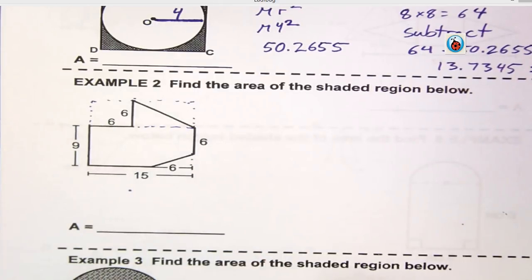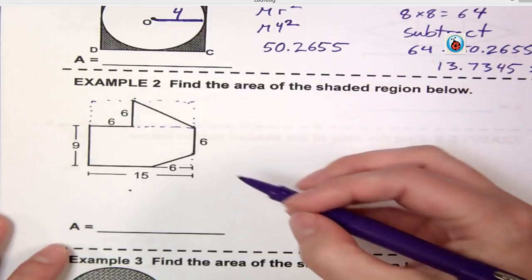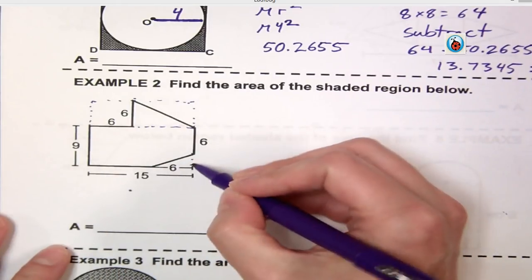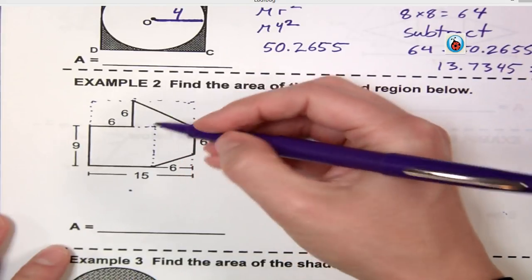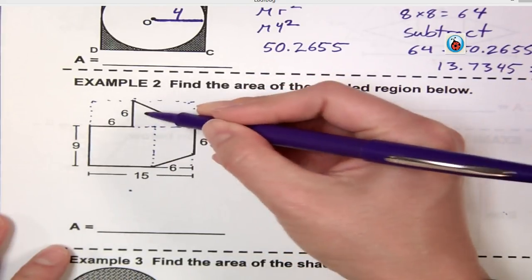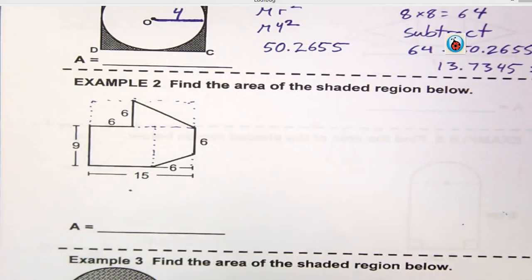This is a little triangle here that I'm going to subtract out. Or I could recognize, okay, well, if I don't want to do any subtracting, if I divide it right here, then I have a square here, a triangle here, and a trapezoid here. So which method you use, you can choose.